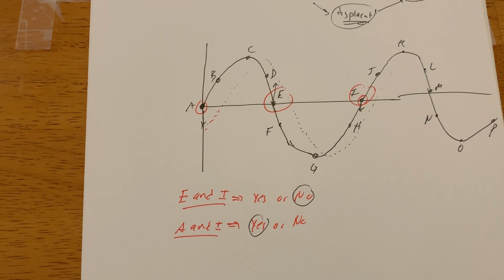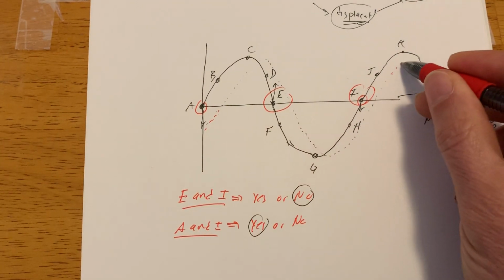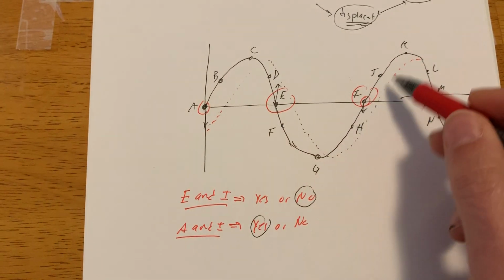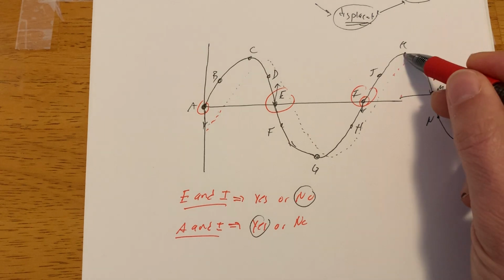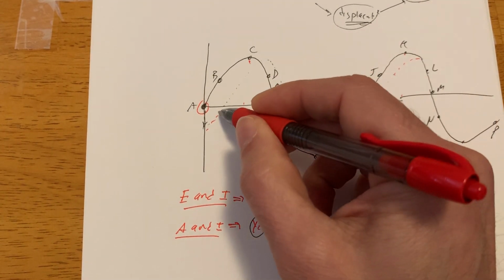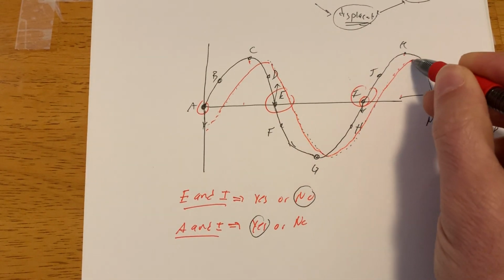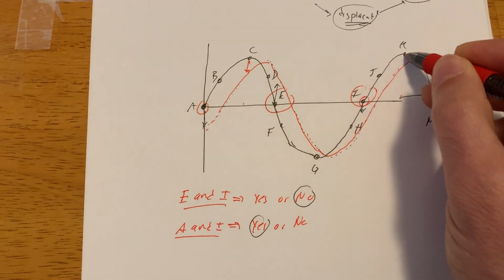Now, we can do a whole bunch of them. Let's take a look at C and K. I've got to move that over. Do they have the same displacement, the same amplitude? Yes. Same direction? Well, there's my red line, which is my wave some instant in time later. Down and down.